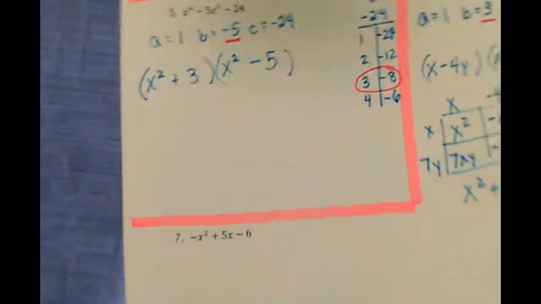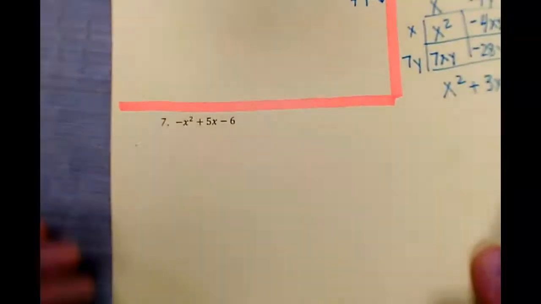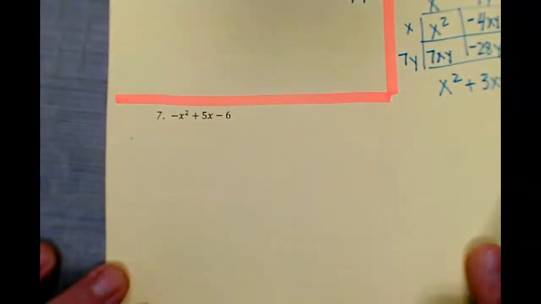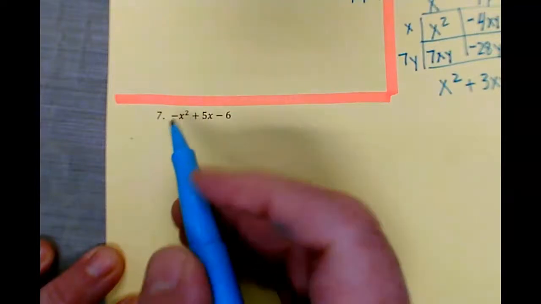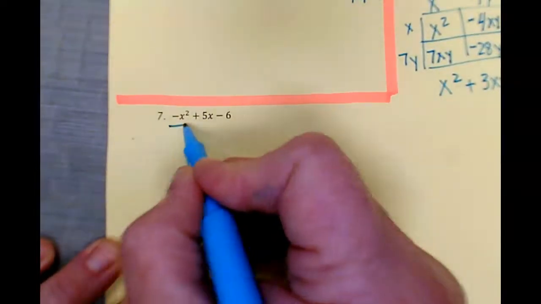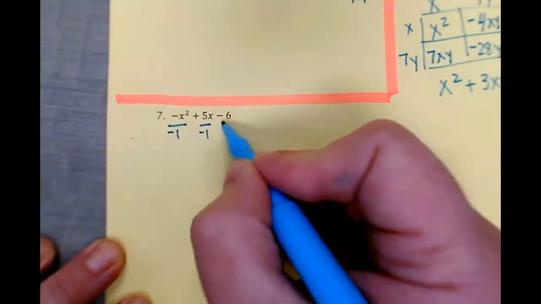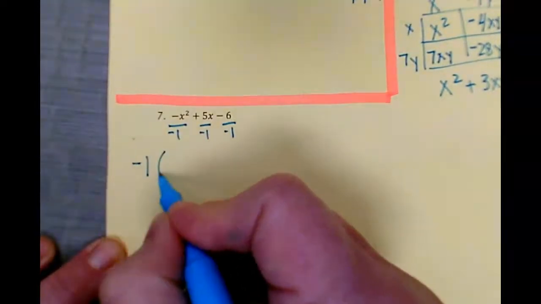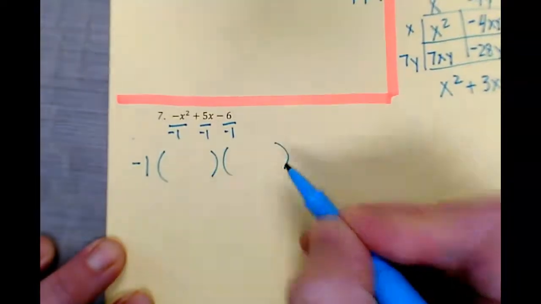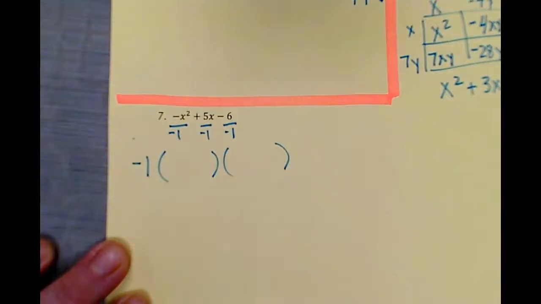Now, I have difficulty factoring if this is not a positive one. So if this is a negative one, the first thing I want to do is factor a negative one out of everything. So my answer is going to be in this form.